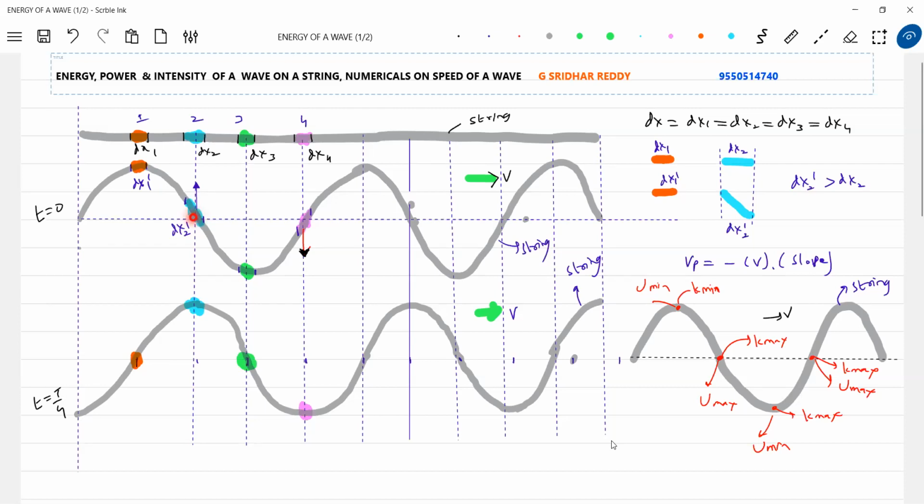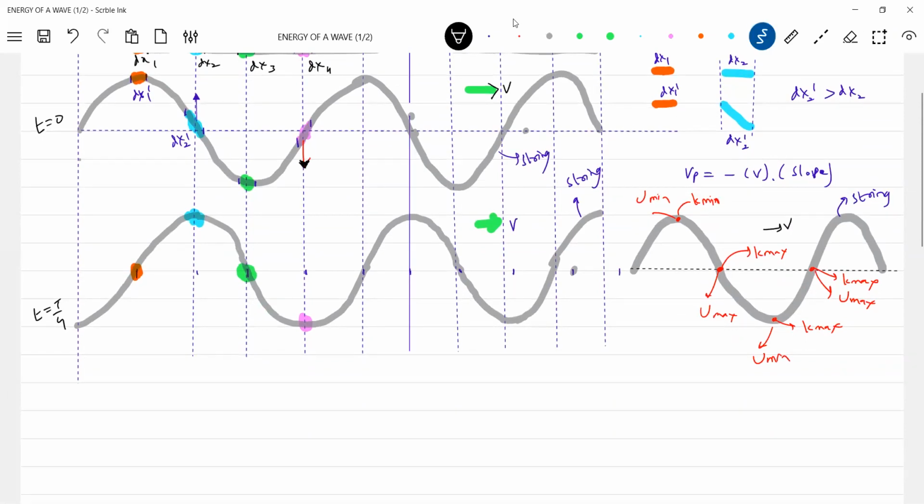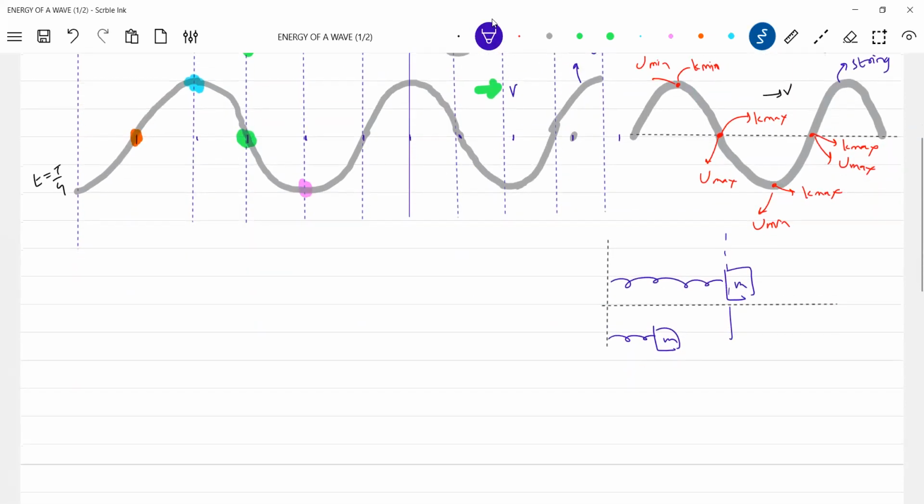Am I right? Take an SHM spring block; let me confuse you rather than making you happy, because you must have the comparison also here. In a spring block system, if there's a mean position, the block will execute SHM.